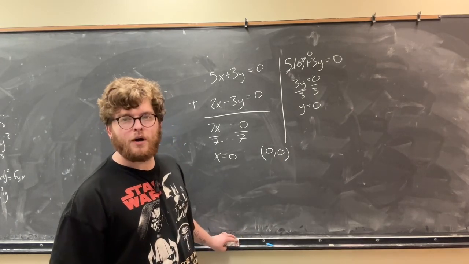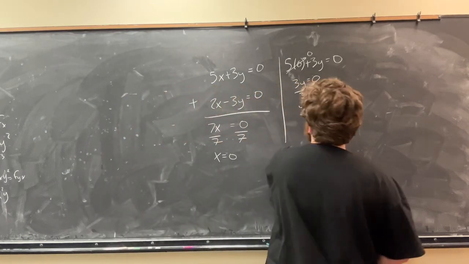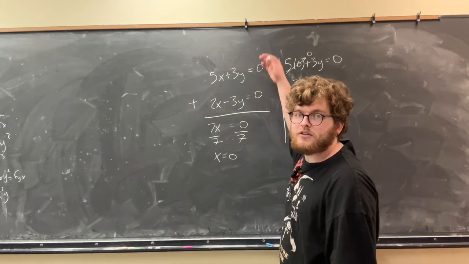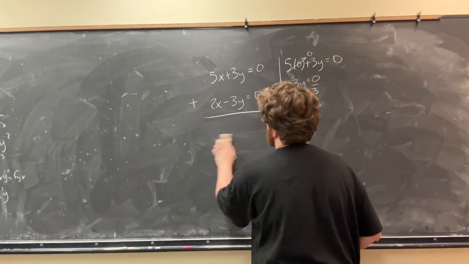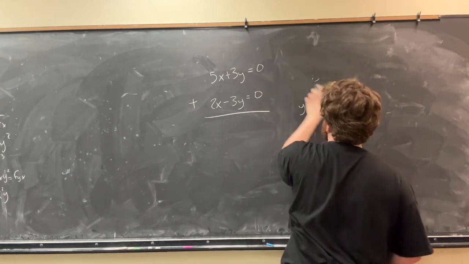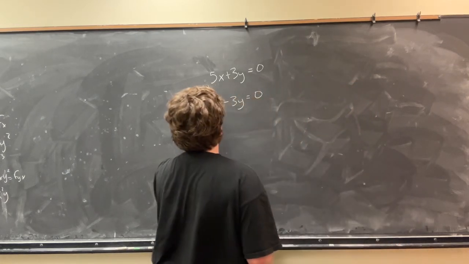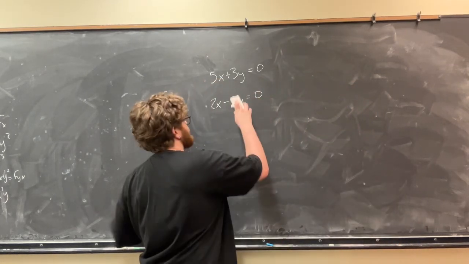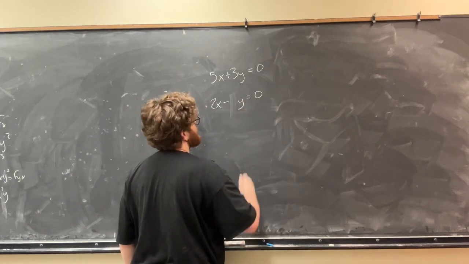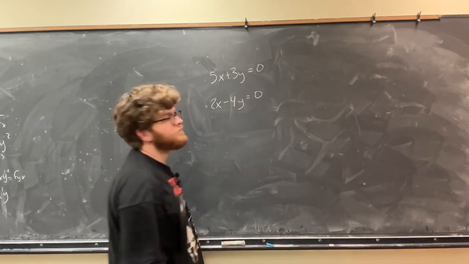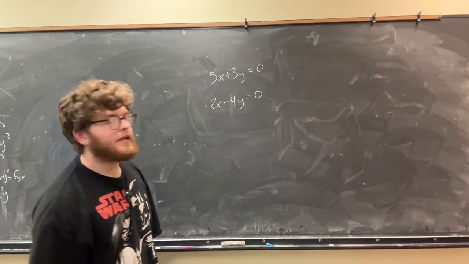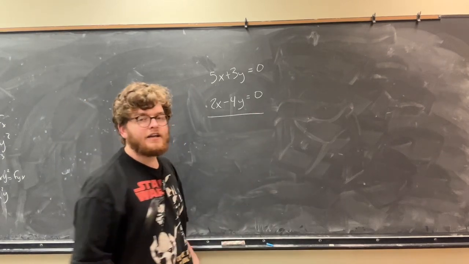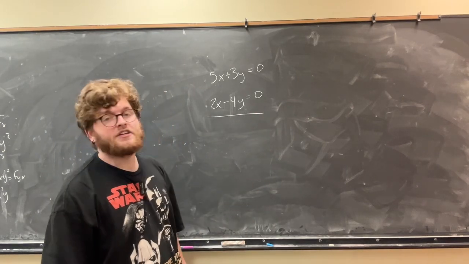Let's do a little more complicated example, though, where we don't necessarily have the ability to just add them together. If I took the same system, but instead of plus 3y, I had plus 4y, I still want to be able to use the technique of adding them together and canceling out one of the variables.